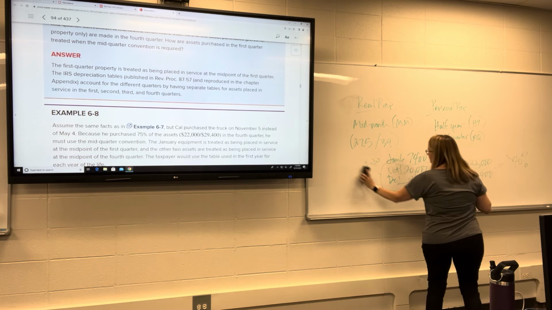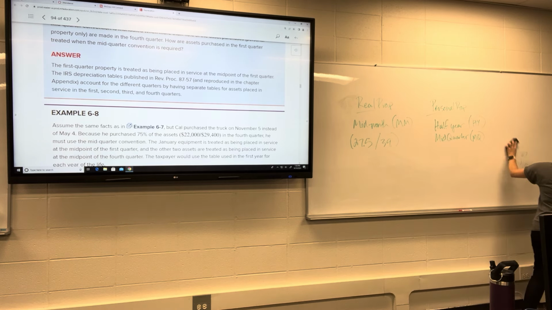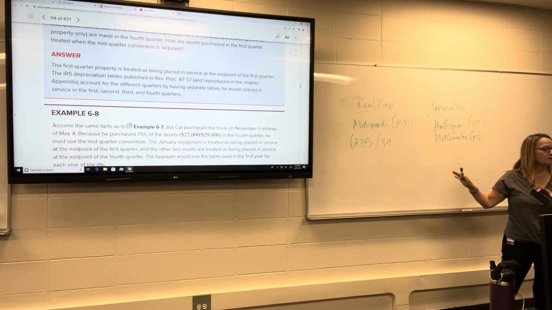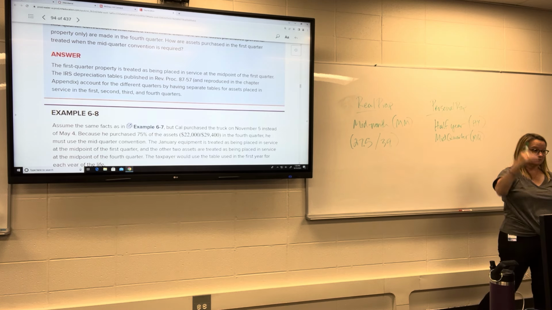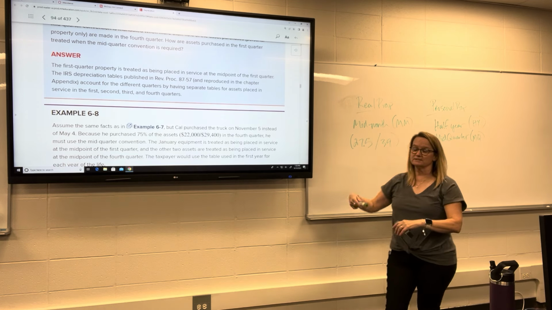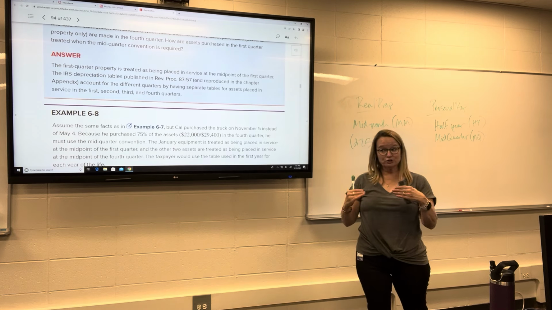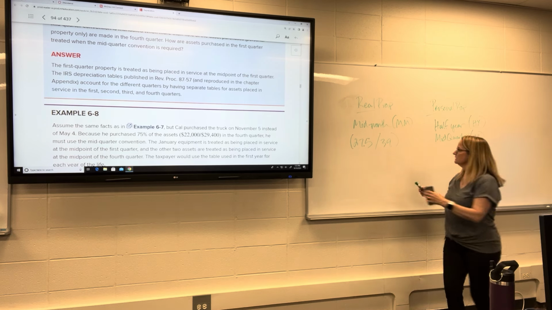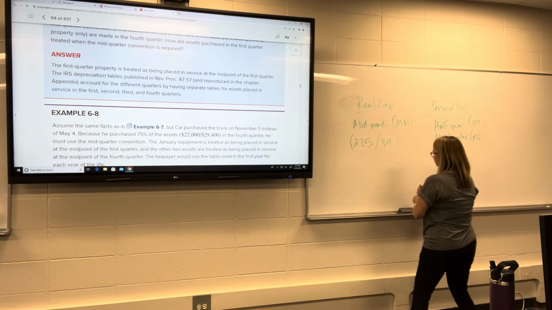So for example, let me just write out the quarters here. So we've got the rule down, right, as to when we use this. We total up all of the personal property assets placed in service during the year, and then we total up all of the personal property assets placed in service in the last quarter of the year. If the proportion of those is more than 40%, that's when we have to use the mid-quarter convention. So, mid-quarter, I hope you guys can see this.